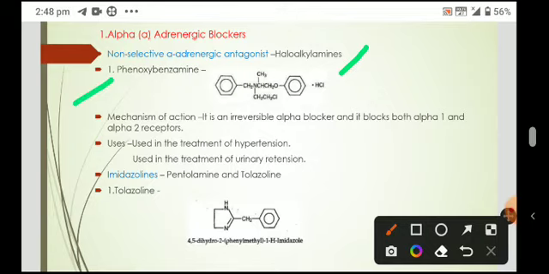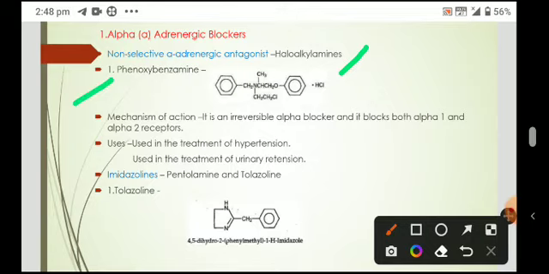Now the second class from the non-selective alpha adrenergic antagonists, that is the imidazolines. Under it we have to study phentolamine or tolazoline. Here we will take the example of tolazoline, an imidazoline class drug.